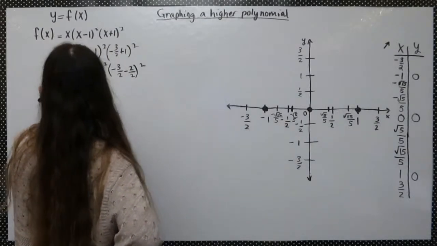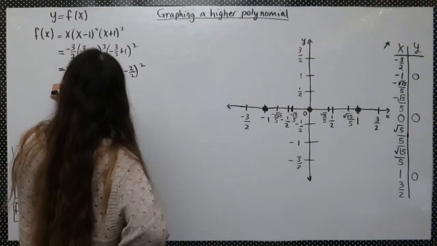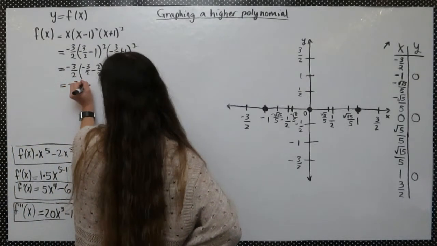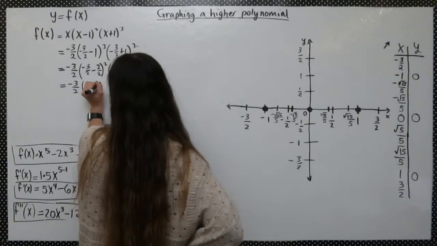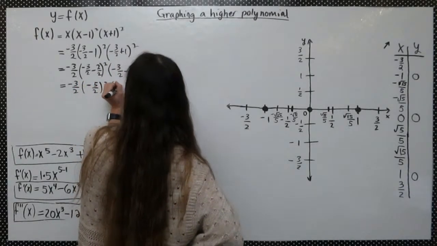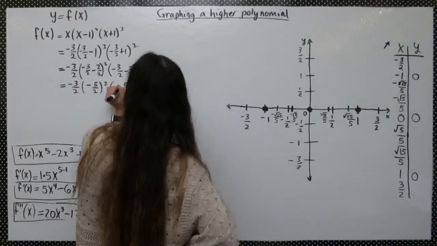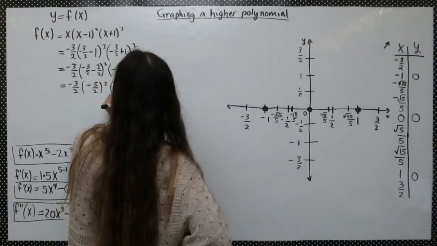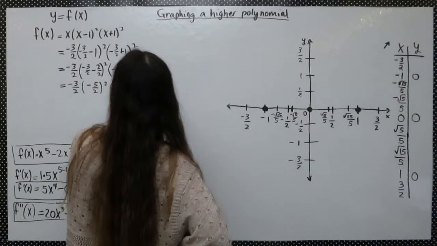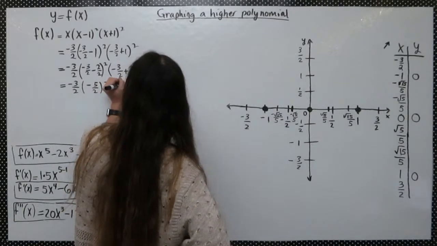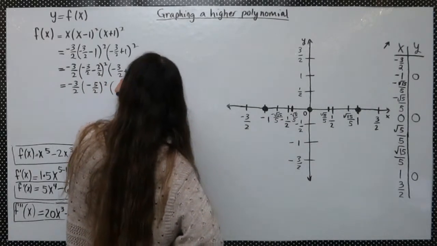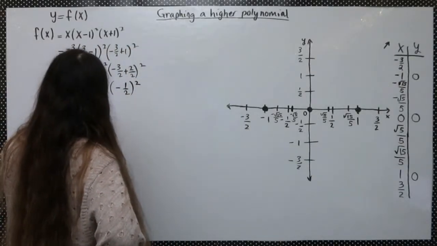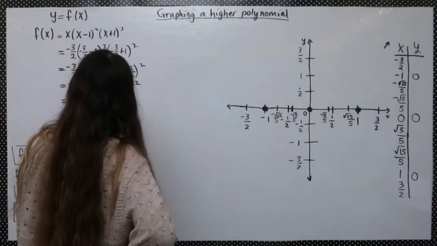I probably shouldn't have done that extra step. -5 halves quantity squared times, wait, that's a plus. Good thing I caught it. That's -1/2 quantity squared.